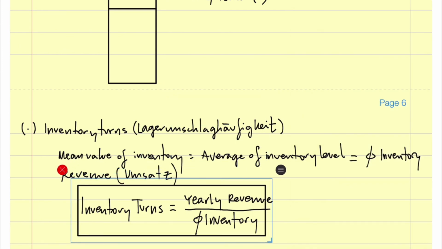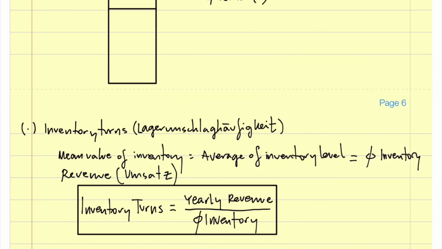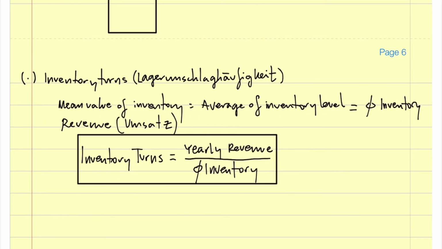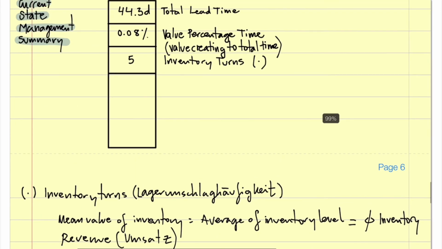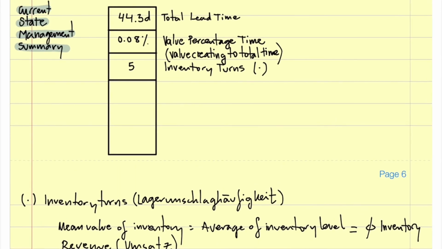How often we replenish, how often do we renew our inventory? Okay. Do we want a high or a low inventory turnover?